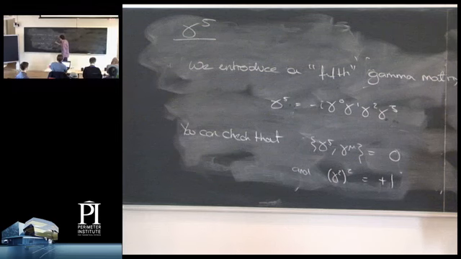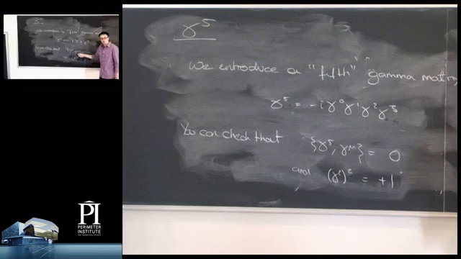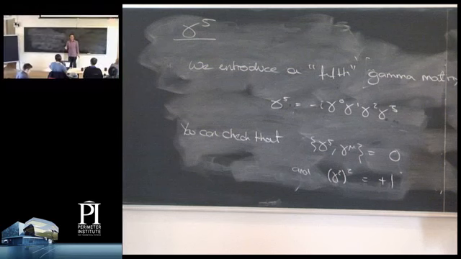Given 4 gamma matrices, we get a 5th for free. It's clear that now gamma 5 and the gamma mu's satisfy a Clifford algebra that's in 5 dimensions instead of 4 dimensions. Okay? Gamma 5 anti-commutes with everything else and squares to 1.